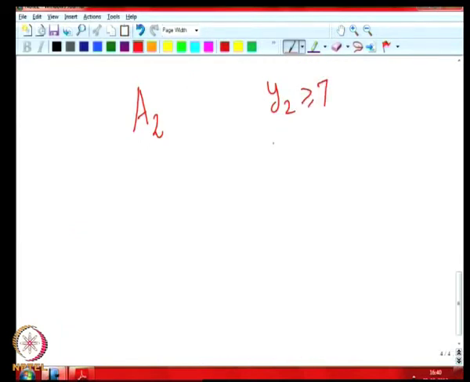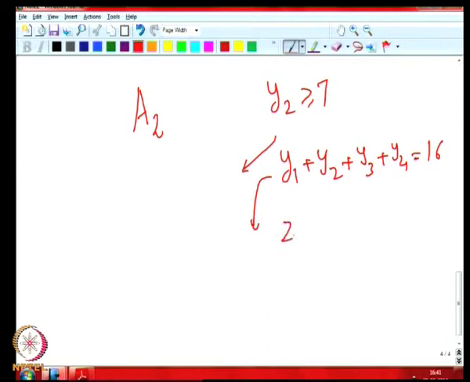And this we can also easily solve by converting the equation y1 plus y2 plus y3 plus y4 equal to 16 to the corresponding Z1 plus Z2 plus Z3 plus Z4 equal to something, where y1 and Z1 are equal, but here we define Z2 as y2 minus 7.